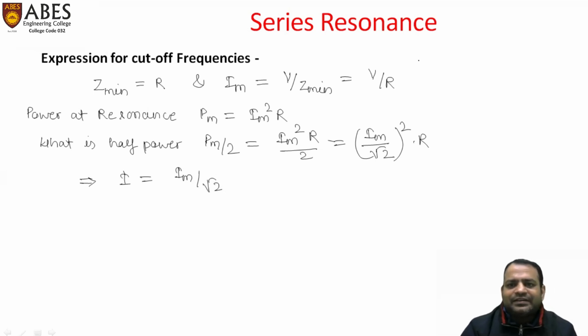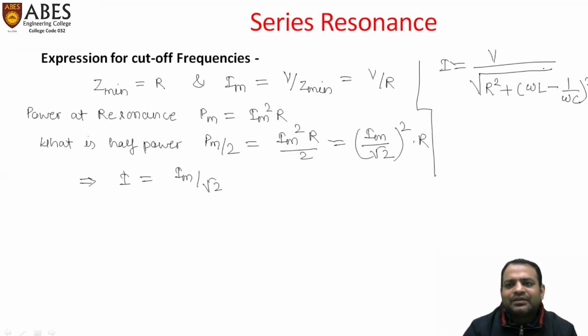So what is the current? The total current in the circuit I is V upon under root of R square plus omega L minus 1 upon omega C whole square, because the current I equal to V by R is only at resonance.